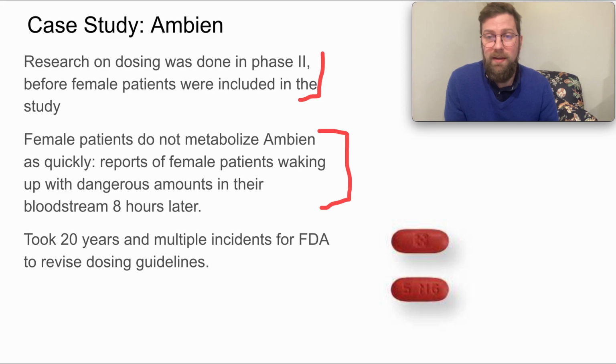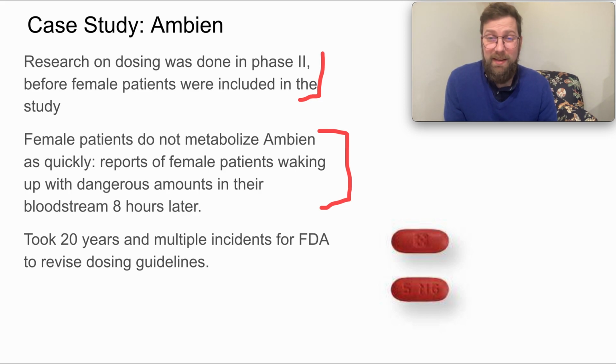It might be about different metabolic processes, and it might be a matter of different patterns in body fat to blood ratios for certain weights. But it just turns out that a woman who weighs 160 pounds will not metabolize Ambien as quickly or as easily as a man with the same weight.